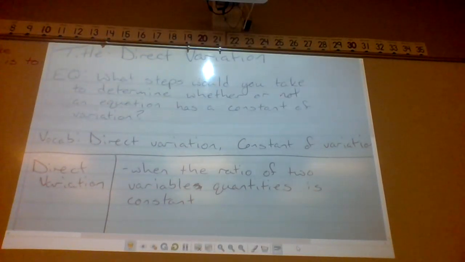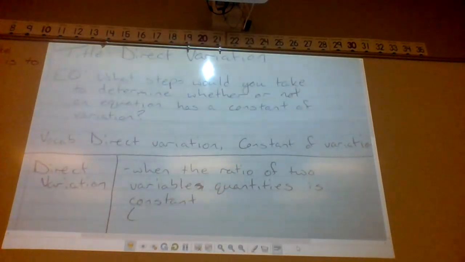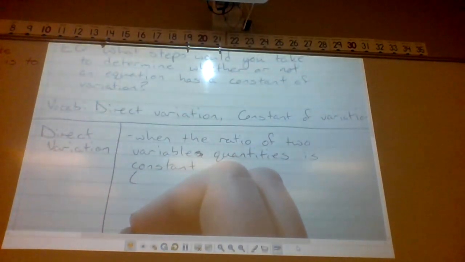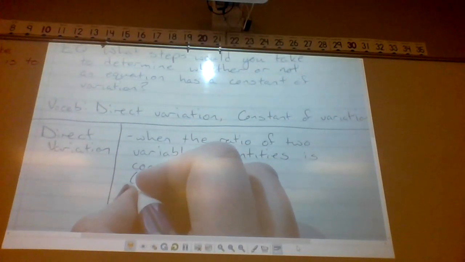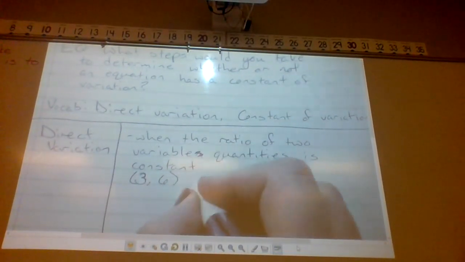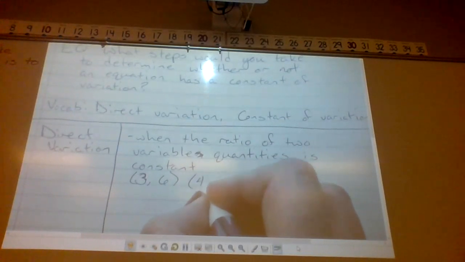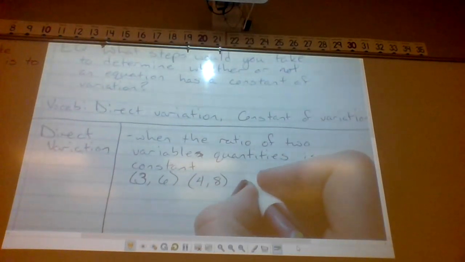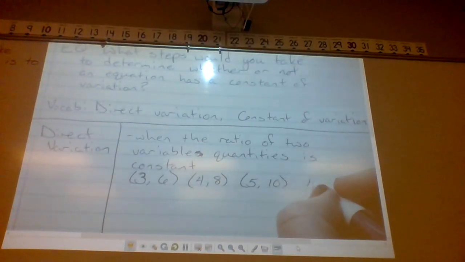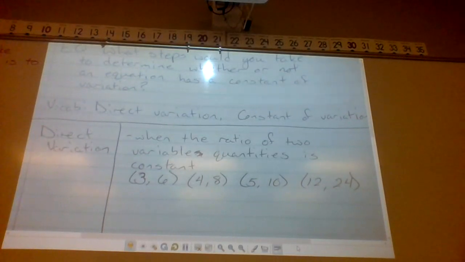It's a little bit more than that. It's actually saying, let's take the ordered pairs, let's say we have those four ordered pairs.